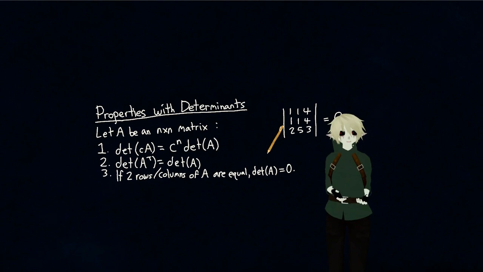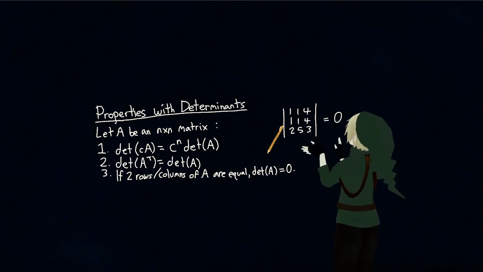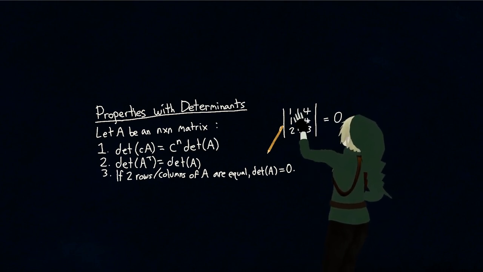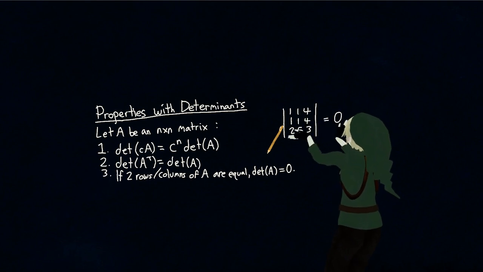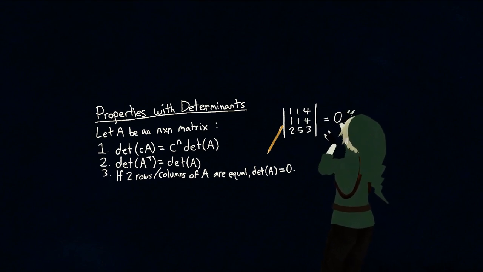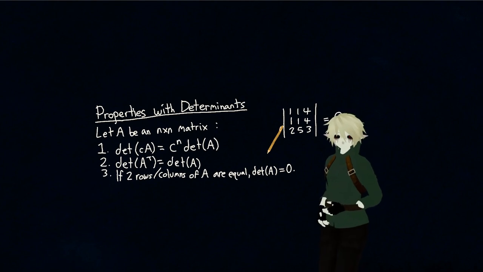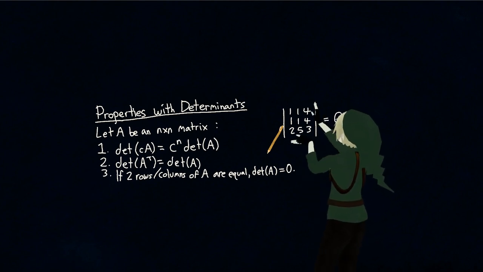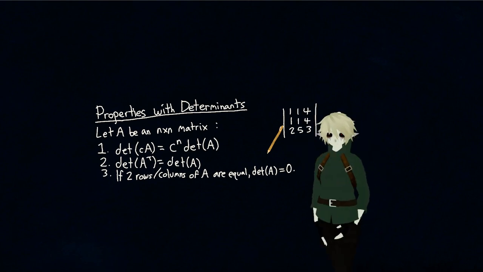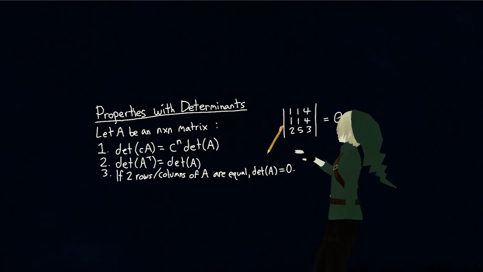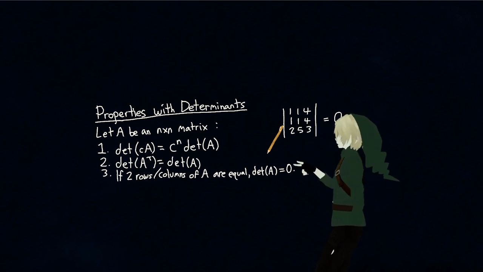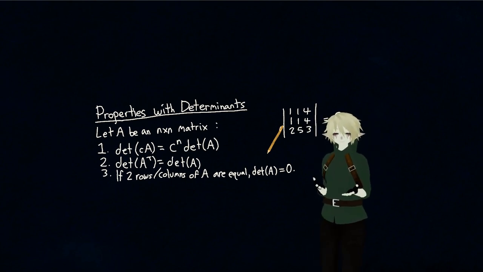Now, the reason why I'm bringing this up is, imagine if you want to find the inverse of this matrix, you create a double augmented matrix, right? But you know that when you try to turn this into an identity matrix, you can't because there are two of the same rows. So it will not turn out as an identity matrix.